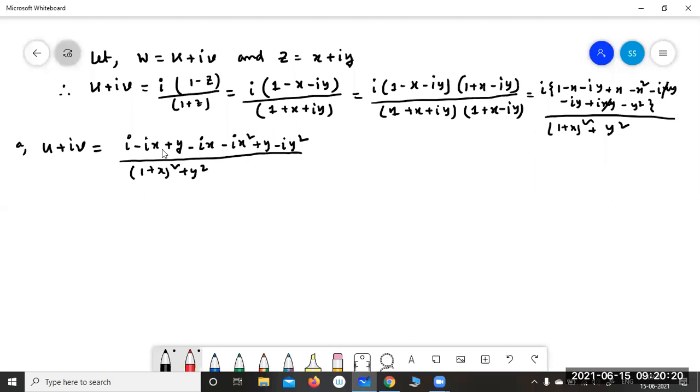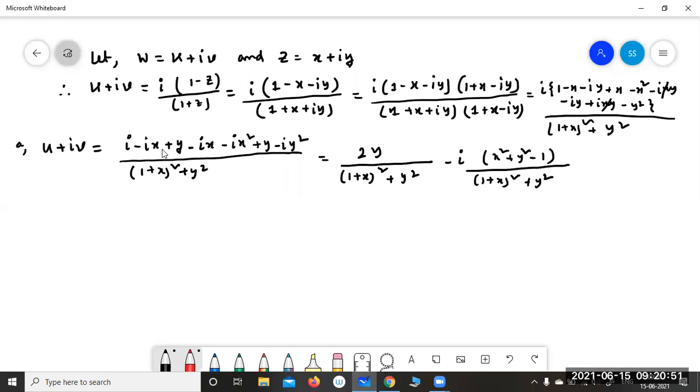So if we take common I from here, all those things are coming as I. So here Y and Y, 2Y is the real part. So 2Y by (1 plus X) whole square plus Y square. Now if we take common minus I from here, then it will be coming X square plus Y square minus 1 divided by (1 plus X) whole square plus Y square. So it is the real and imaginary part.